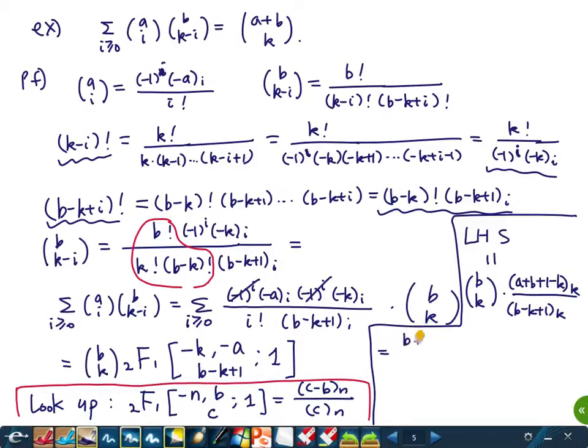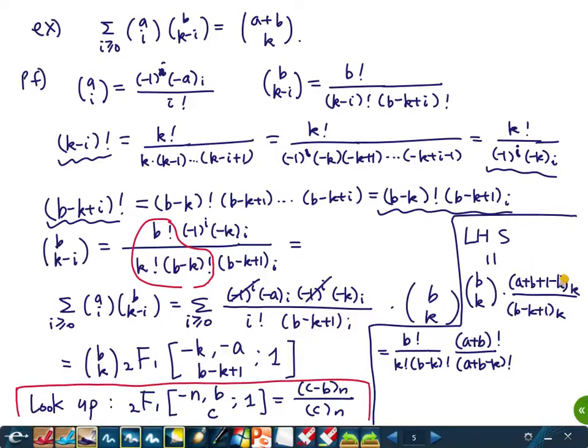Now it's just cancellations. It's b factorial, k factorial, b minus k factorial, and what is this? If you think of this, this is a plus b plus 1 plus k, and then a plus b plus 2 plus k, up to a plus b, right? So it's going to be a plus b factorial over a plus b minus k factorial.